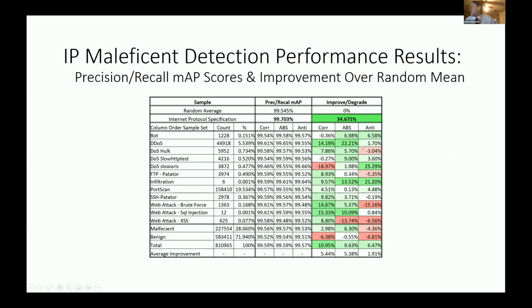We also looked at the CICS data set, and this was our overall determination on it. We show the correlation majority. We also took different sample sizes of our CICS data set because they were classified by malware or by attacks.